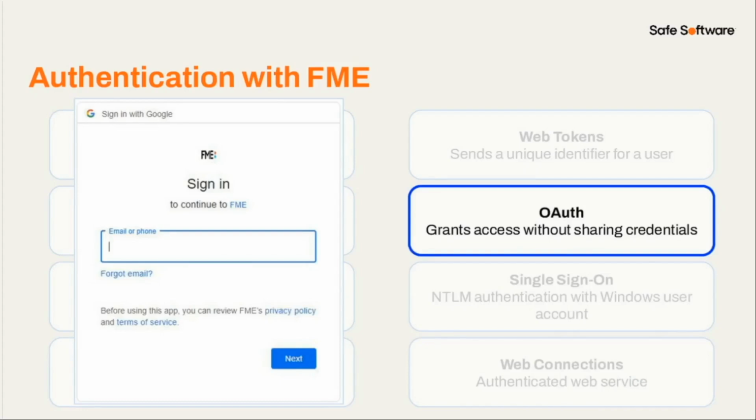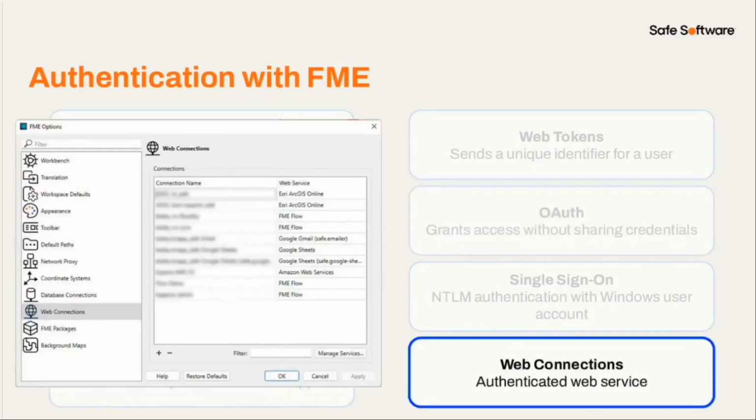If you've ever skipped inputting credentials directly into a website and instead used your Google account to log in, you've used OAuth. And it's very easily used with our web connections, which I'm going to go through in a bit more detail. But basically, they're a great way to store and house all these different authentication methods.